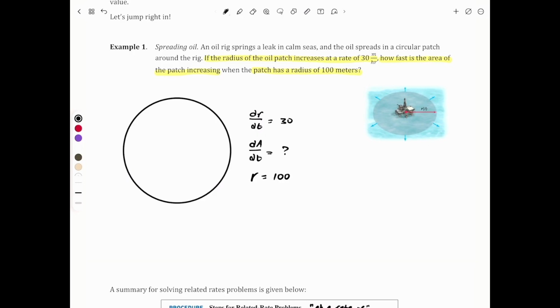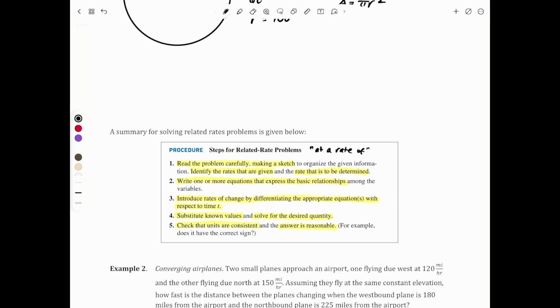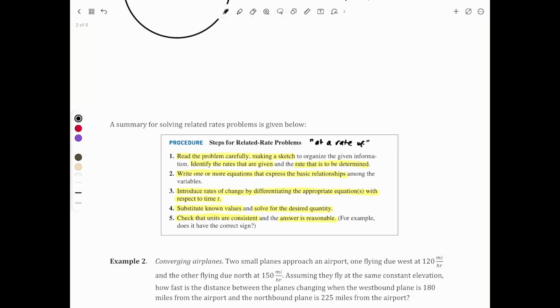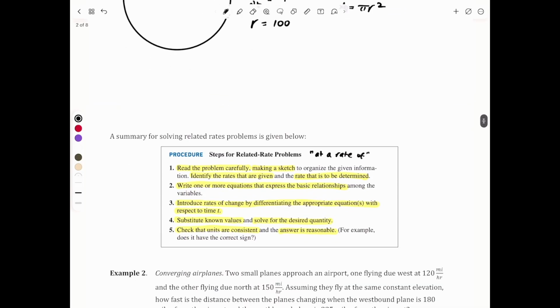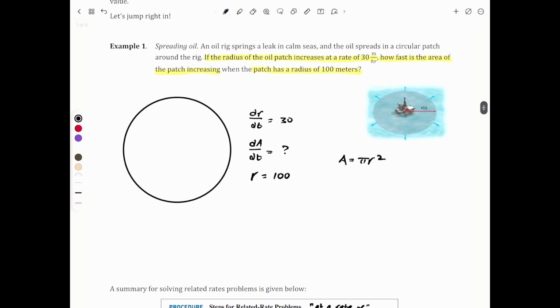If you haven't guessed by now, the equation that relates A and r when we're dealing with a circle is A equals pi r squared. If we're going strictly by the steps, we've already done step 1 and step 2. Right? We've got that equation. Step 3 is just to take the derivative of this equation with respect to time.